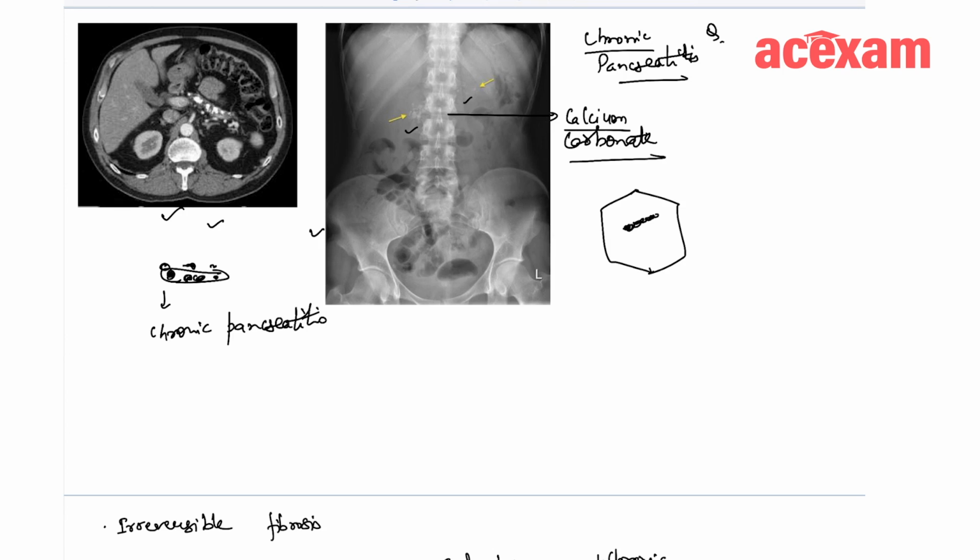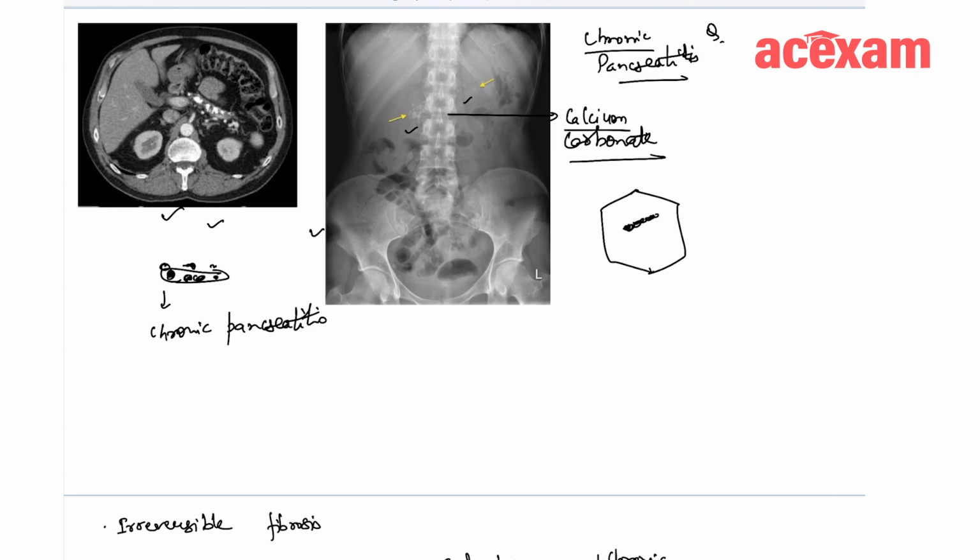The investigation of choice is MRCP, and if we have diagnosed chronic pancreatitis and there are ductal stones in the pancreatic duct, we can go via ERCP, remove these stones, and stent the pancreatic duct. This will reduce the ductal hypertension and improve the pain.